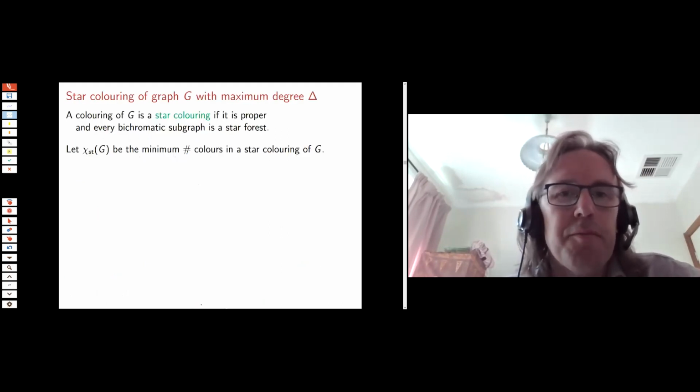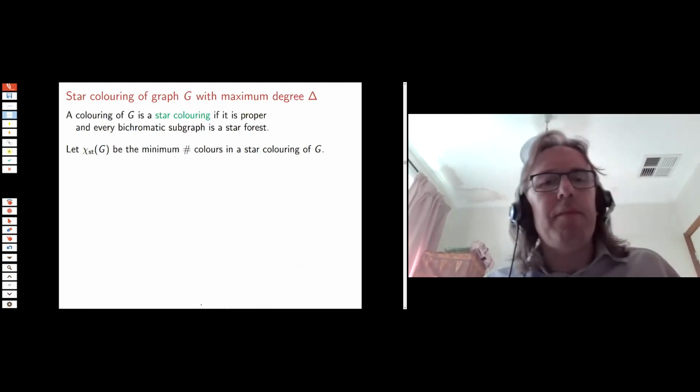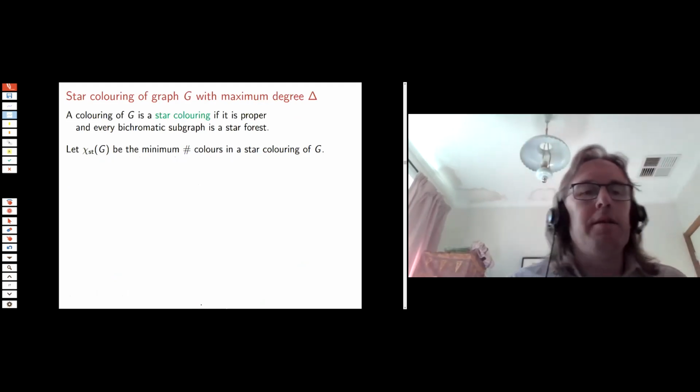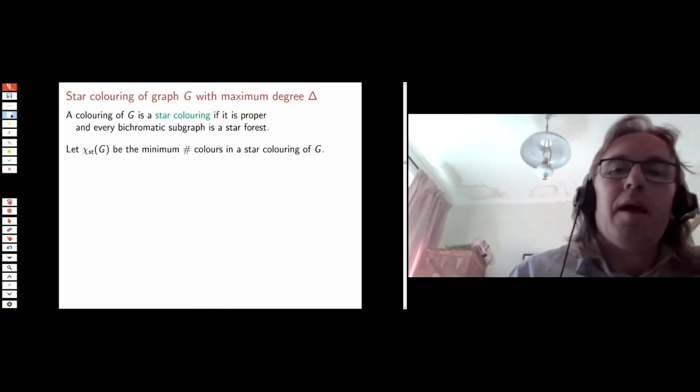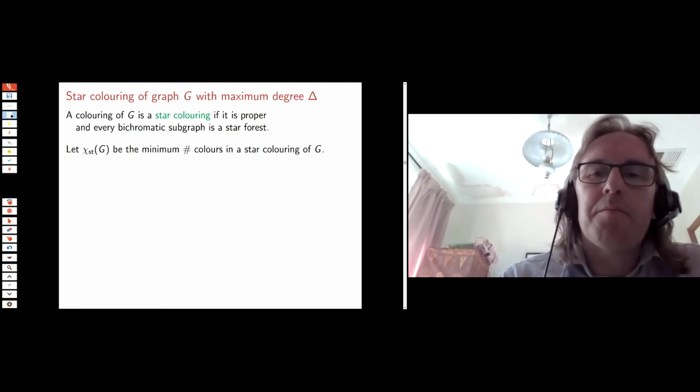Okay, let's give some other examples of the generic framework. Something called star coloring. So what's a star coloring? Well, a coloring of a graph is a star coloring if it is proper and every bichromatic subgraph is a star forest. So what does this mean?